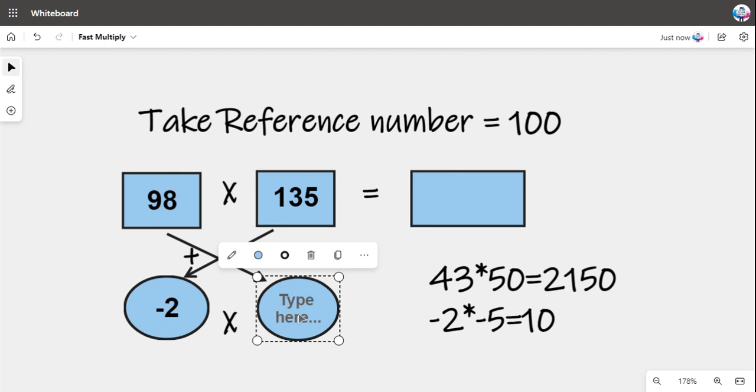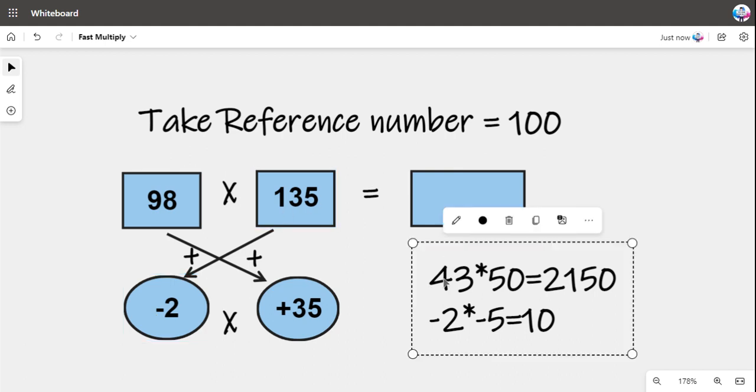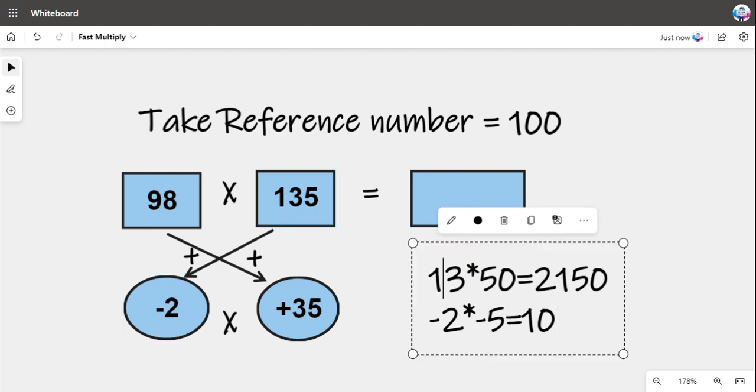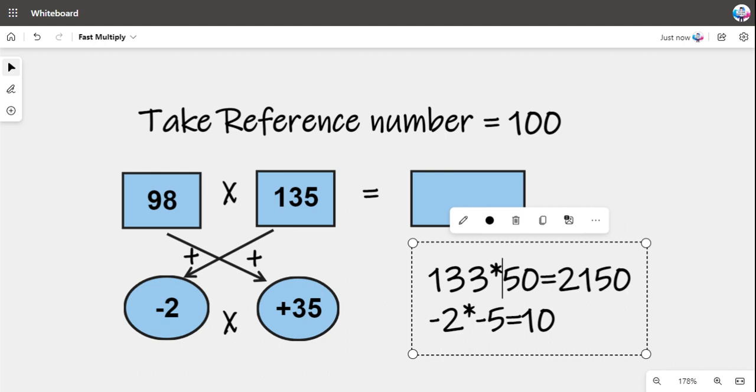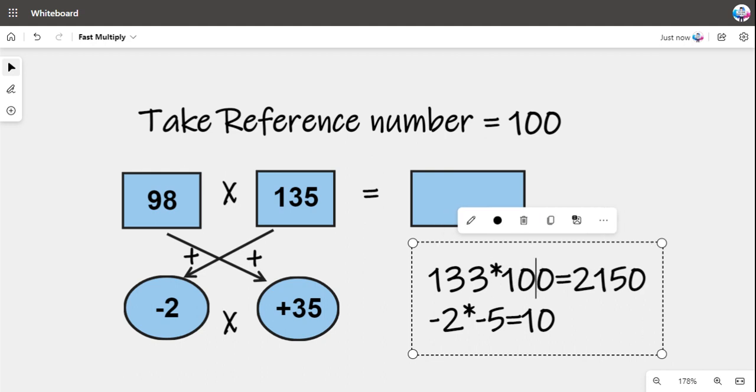But 135 is 35 greater than 100, so I will put this as plus 35. So what we need to do is add, because the sign is plus here, and here we need to subtract. So I'm going to do this: 133, and multiply that with 100.